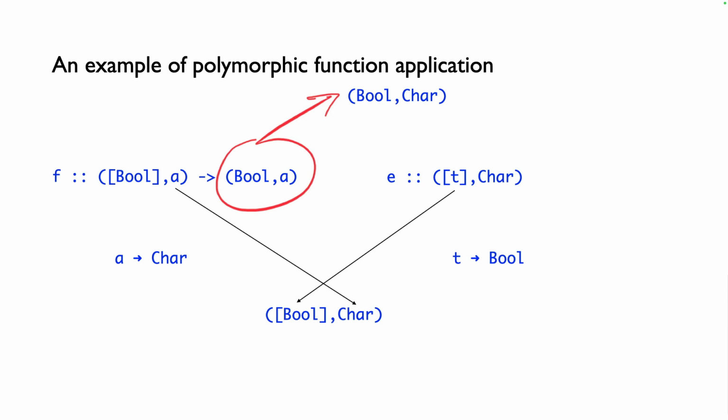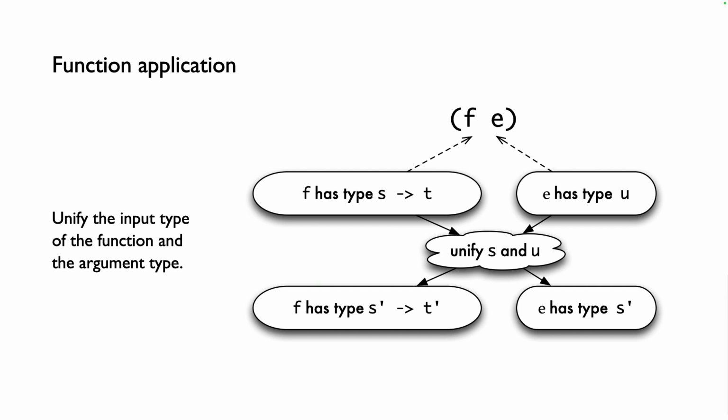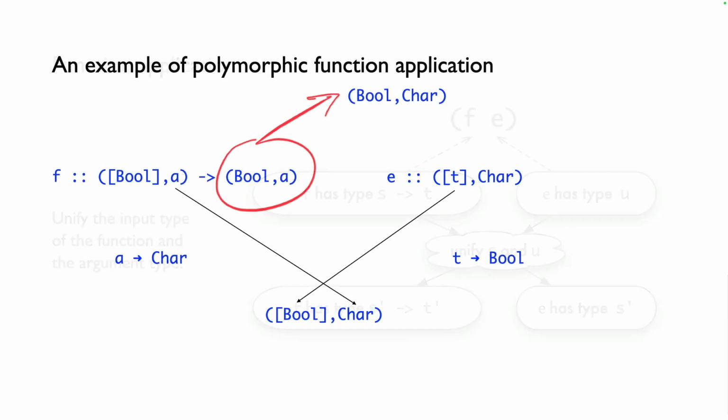So that means in the result type of f, we have the pair bool, comma, char. So as I said, we apply the substitution, the thing that unified s and u, turning s to s prime, in the case of the example, a to char, we have to apply the same substitution to the result type. And so we get that more specialized result type.